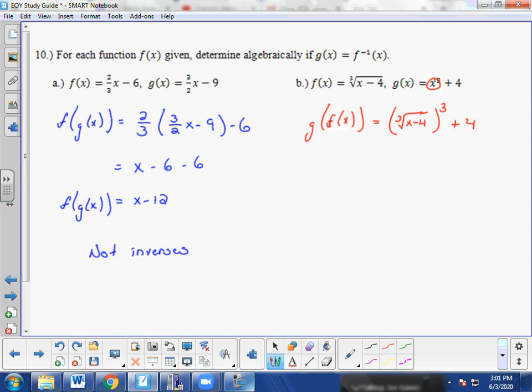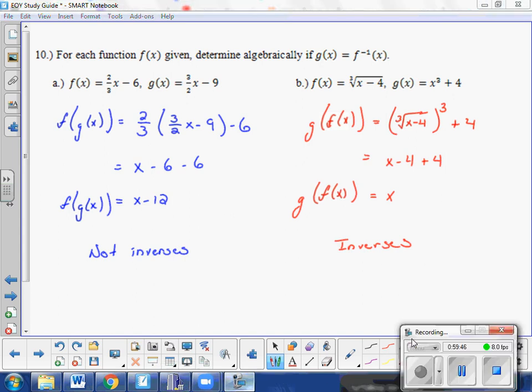So replacing this x with f of x, the cube and the cube root cancel each other out, so I'd get x minus 4 plus 4, and then I would get x. So g of f of x is x, and so these are inverses. So function composition can tell us if two functions are inverses or not: the result of the function composition should be the original input value.